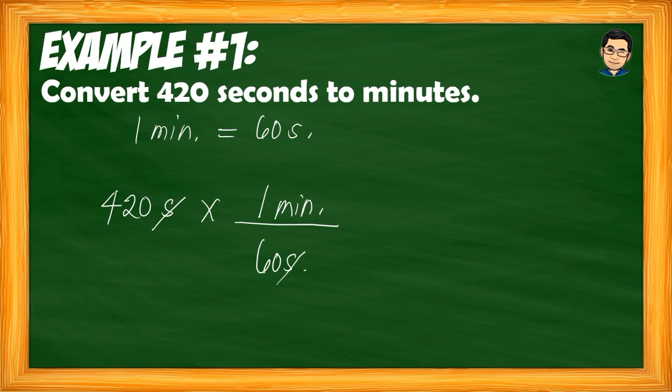And then, meron po tayong GCF for 420 and 60, which is 60. If we divide 420 by 60, we'll get 7. And then, of course, ang 60 dinivide sa 60, magiging 1. Okay. So, i-multiply lang natin yung mga natira. 7 times 1 minute, that is 7 minutes. So, this will be our final answer.